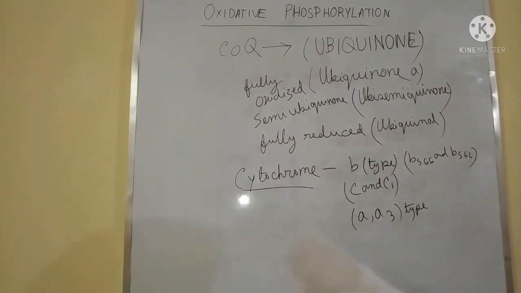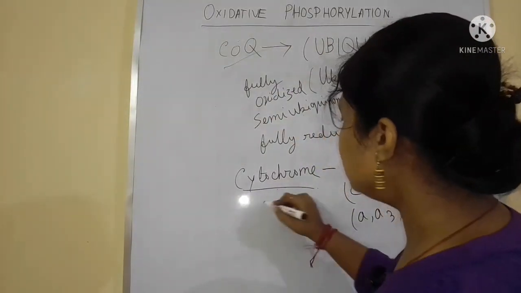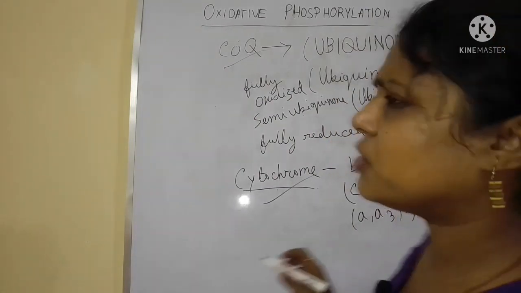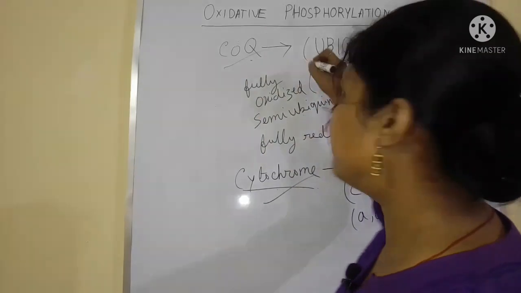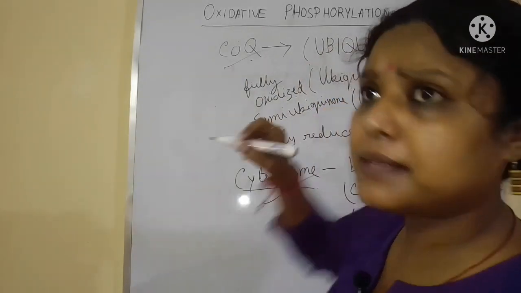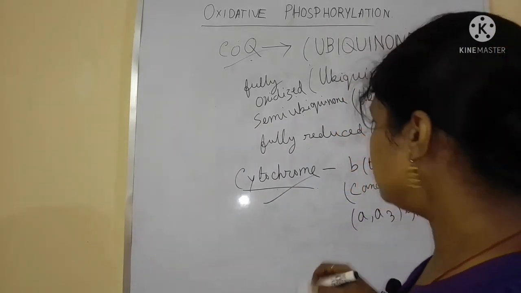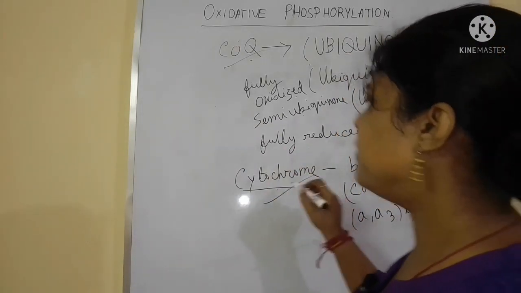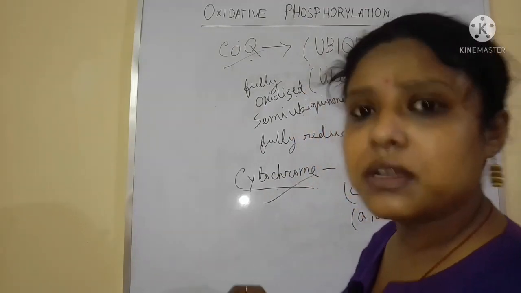Okay. Now we learn about coenzyme Q and cytochrome. That means not the role, but what is CoQ and what forms of each we find in the mitochondria or inner membrane space, and the types of cytochromes that are involved in oxidative phosphorylation.